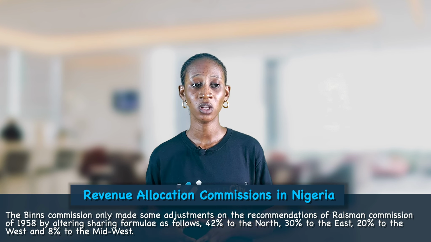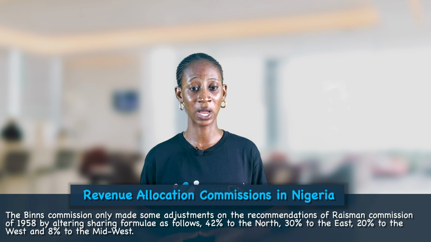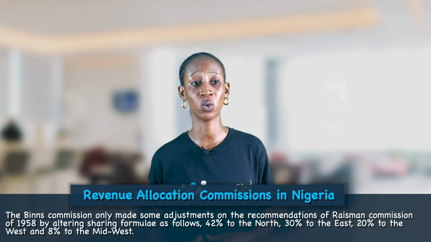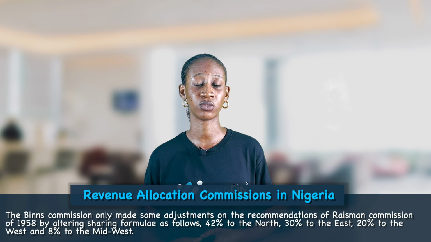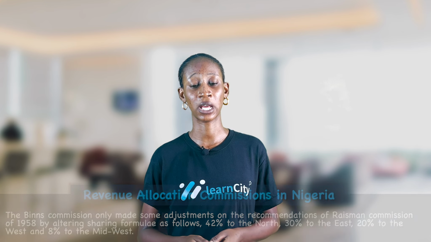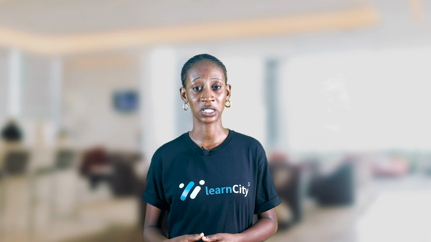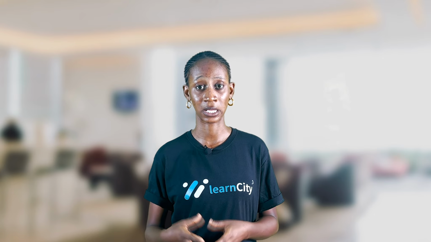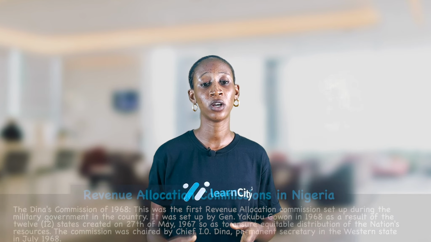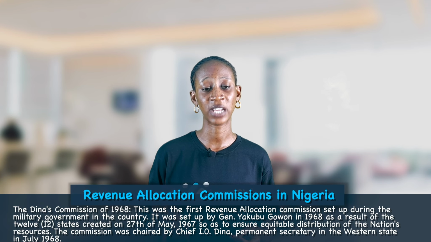So it just altered the sharing formula of the Raisman Commission of 1958. And the Binns Commission is equally the first post-independence revenue allocation commission to be set up, during the First Republic administration of Alhaji Sir Tafawa Balewa and Dr. Nnamdi Azikiwe.